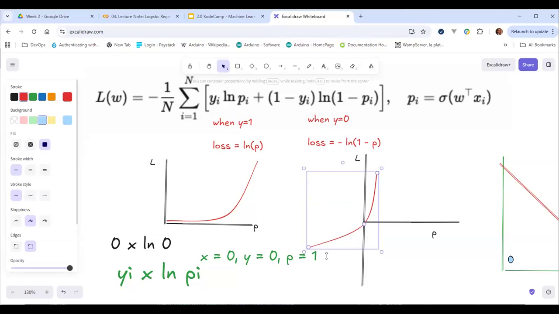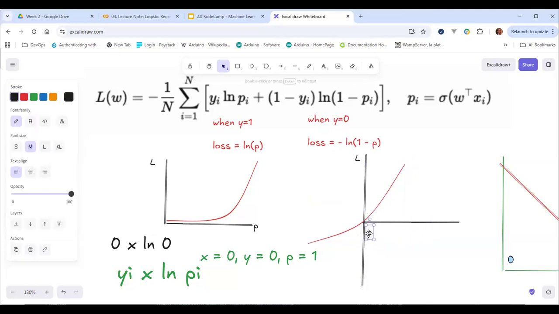When you flip it around this way, you can now see it makes a bit more sense, in the sense that when the probability is very close to 0, the loss will be close to 0. But as the probability begins to go out this way, as this curve is going up, the loss is also increasing. So this is the piece of the equation that you use to calculate the loss when the actual value is 0. You can see there are three factors there: the loss itself, the predicted value, and the actual value.